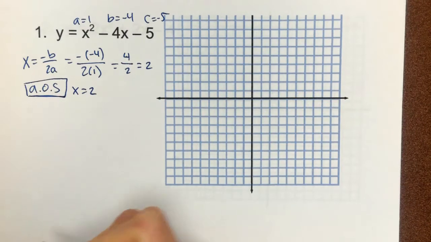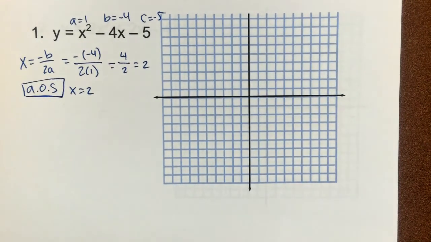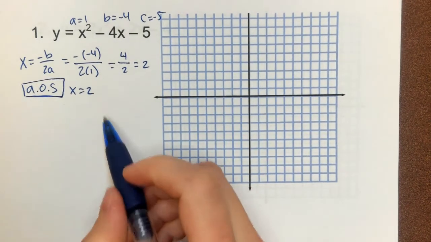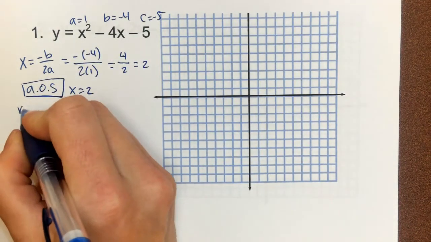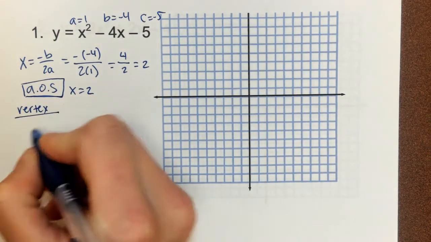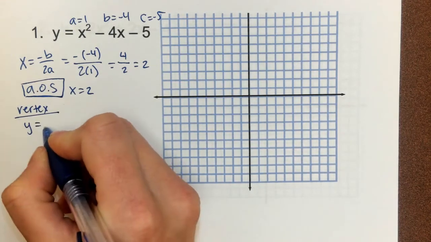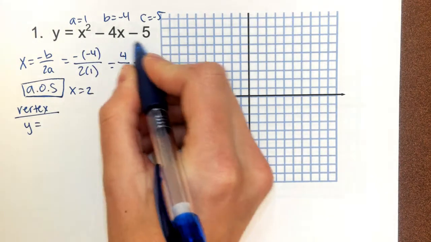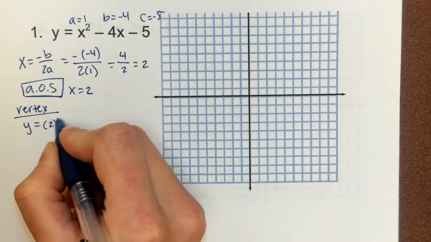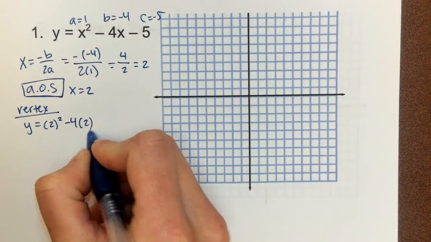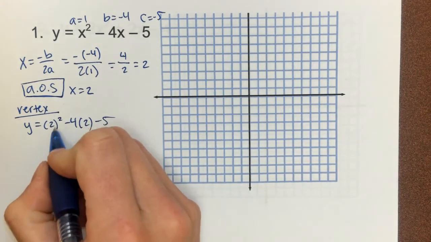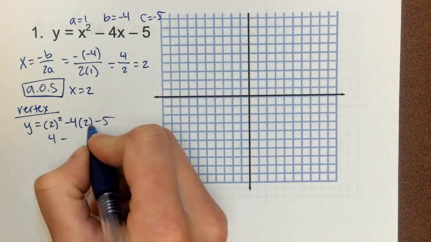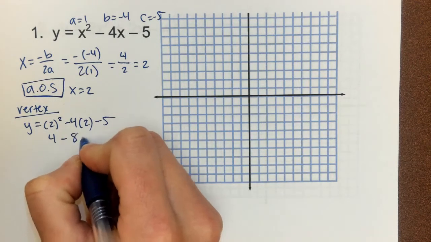Now we're going to find our vertex. Think back to the previous lesson, 8.2, we found the vertex by plugging in the axis of symmetry. So every x value is going to get replaced with 2. Alright, 2 to the second power, 4. 2 times 4 is 8.